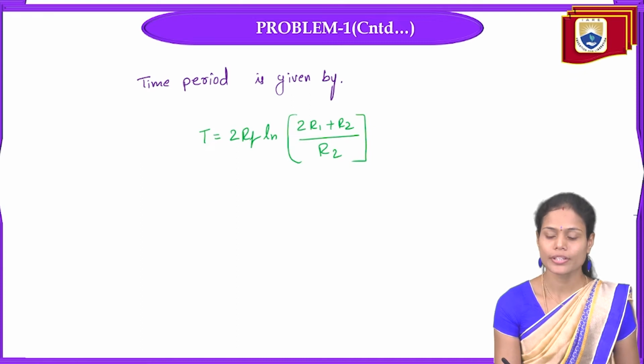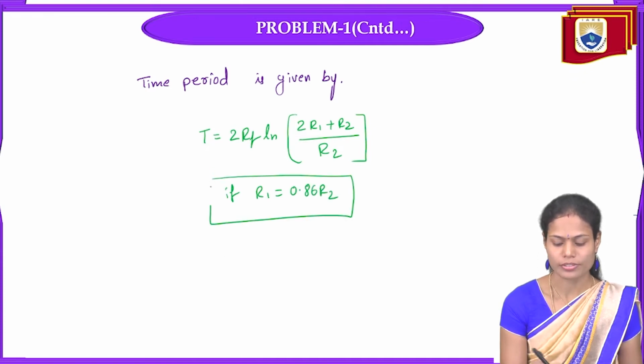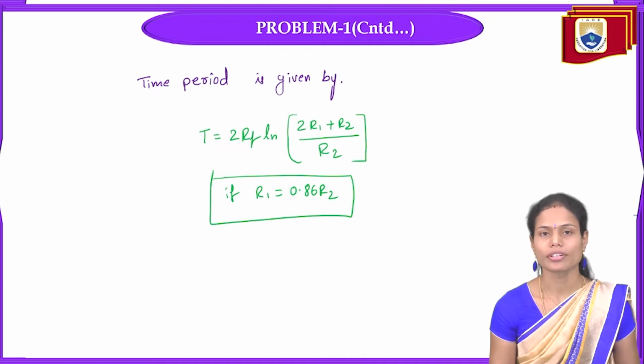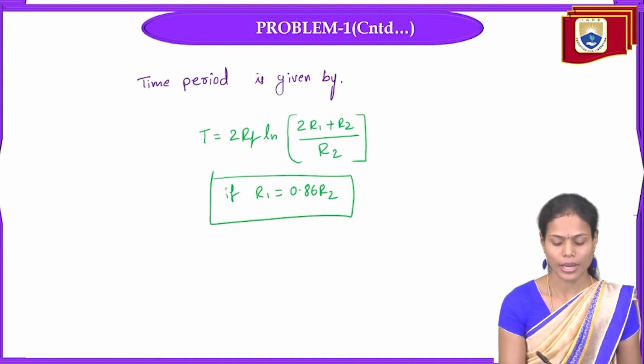This time period is applicable if the R1 resistance is 0.86 times the R2 resistance. Only then is this time period applicable here.